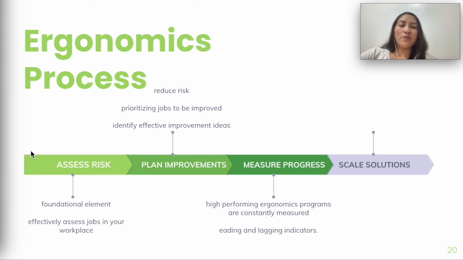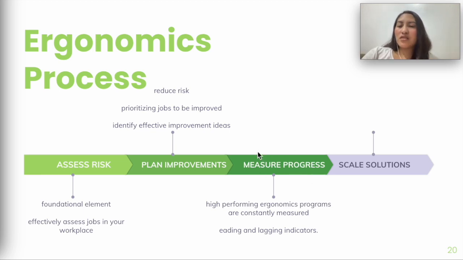So you have to measure, are the risks that you have identified here, after applying the solution, did they improve or not? And in all the ergonomics plans that you had in the past, how has this risk been improved by applying the improvements that you have thought of? Okay, so measurement is the key.